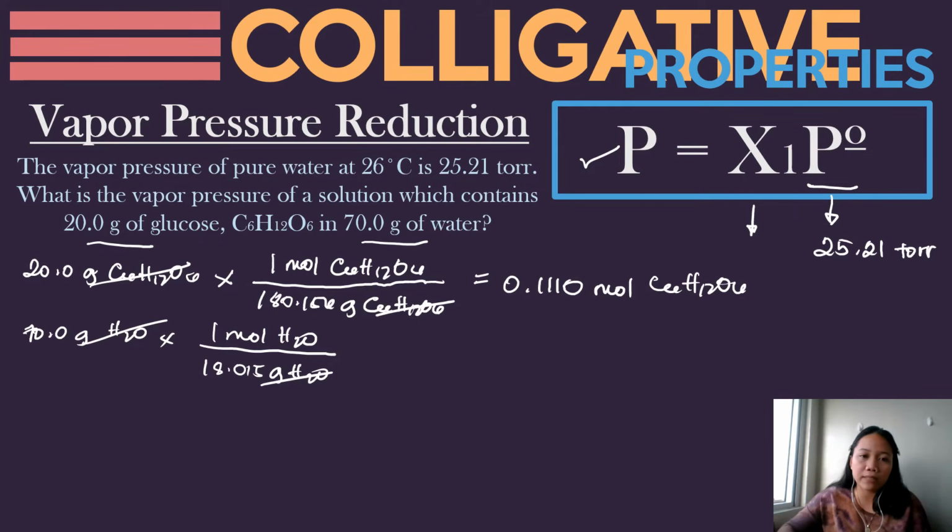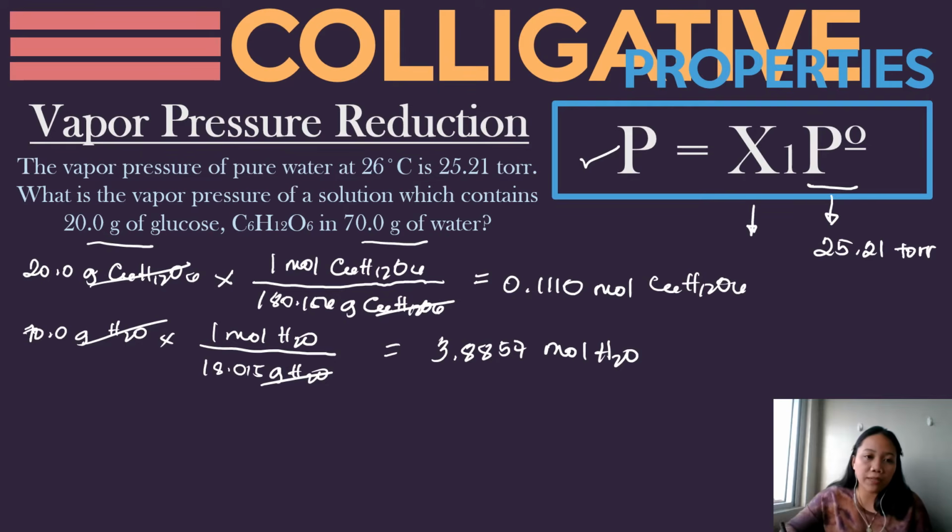Cancel out the grams, then you can now have 3.8857 mole of water. So we have only here the number of moles. We don't have yet the mole fraction of our water, which is the solvent.